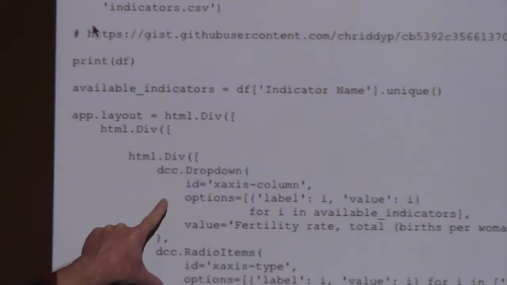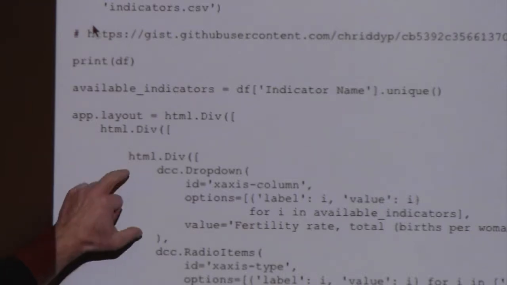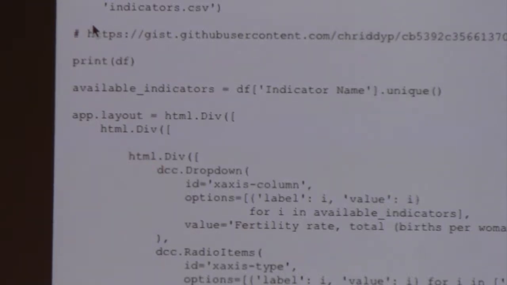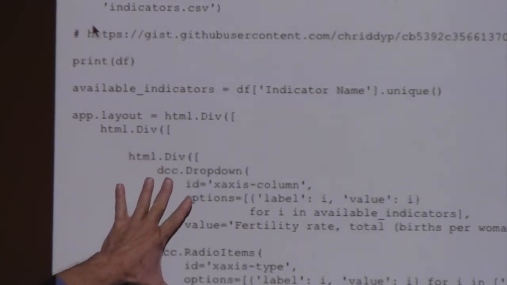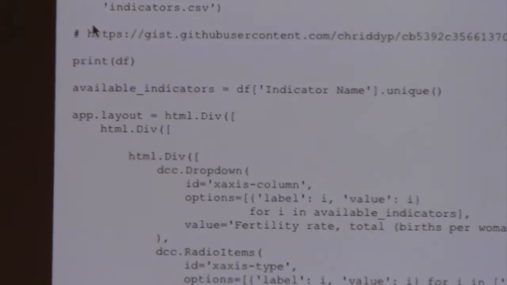Okay, so here we go. For those drop downs, we have one on the left side, one on the right side. So these are going to be identical. There's an HTML div here, and an HTML div down here. This is going to be what's on the left side. The other one's going to be on the right side.